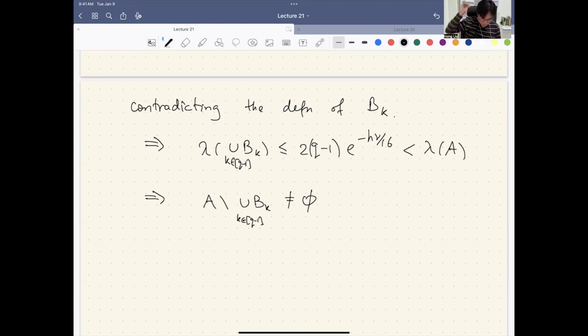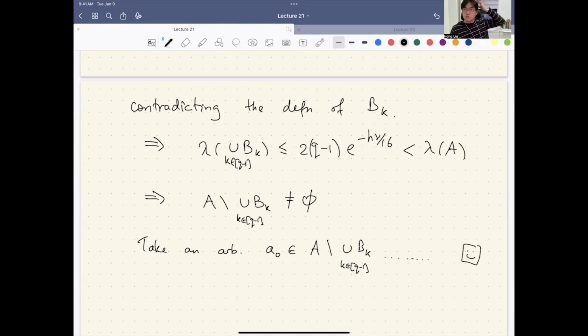Then just take an arbitrary A0 in this set, and take their corresponding points. The remaining is calculation. I will not show the calculation, not so interesting.